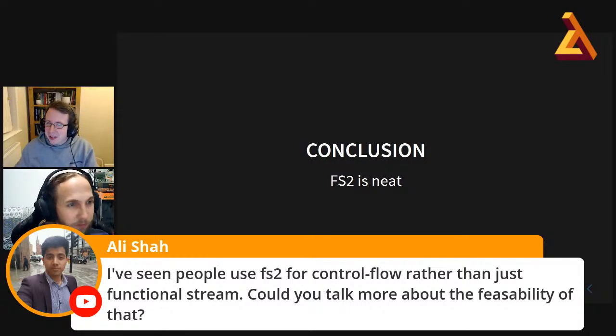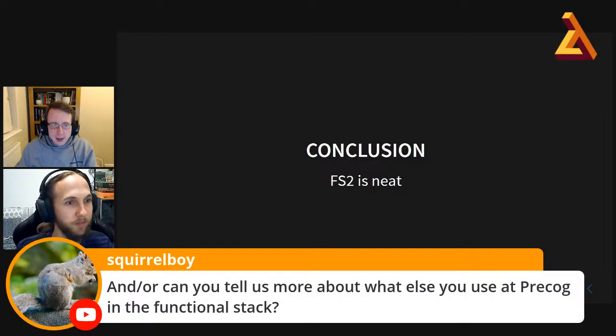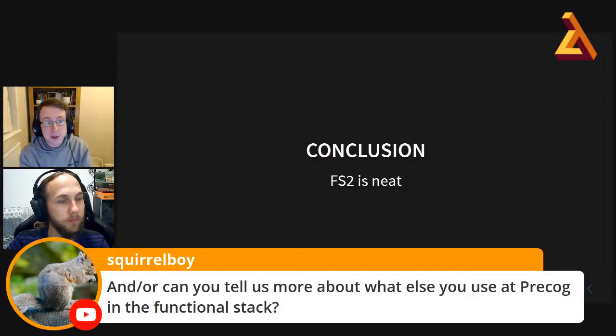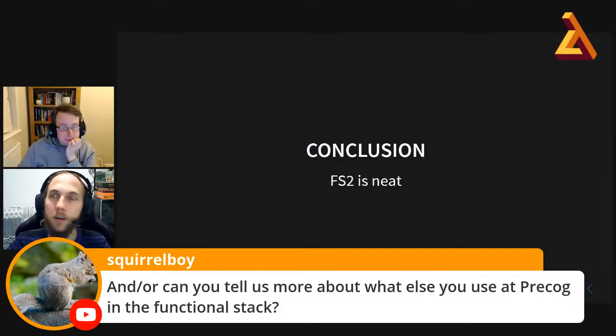Yeah. So another question, maybe this is the last one. Can you tell us more about what else Precog uses in the functional stack? So I guess you mentioned the Typelevel stuff. Is there anything else? Great question. I think Cats Effect is obviously a big one.